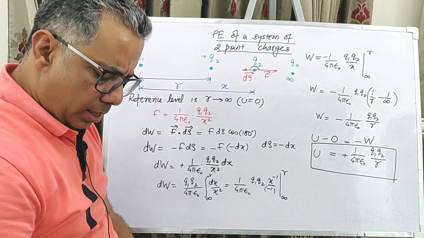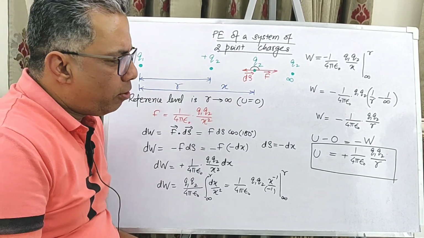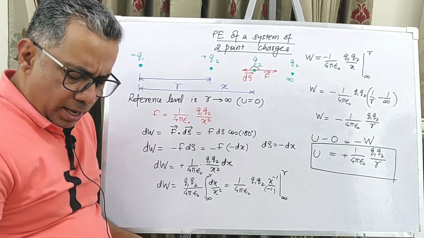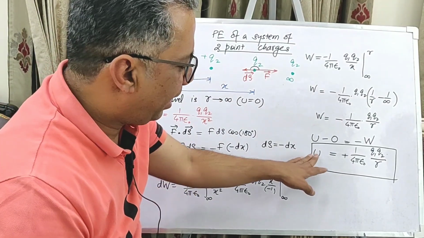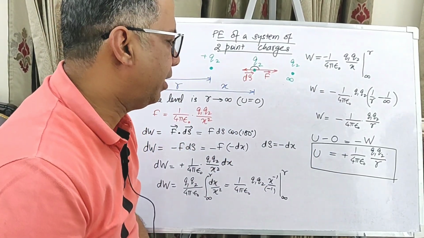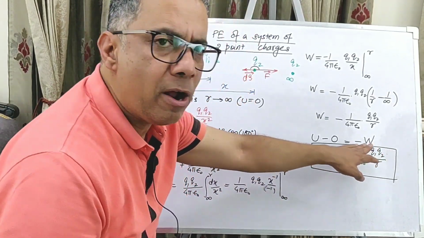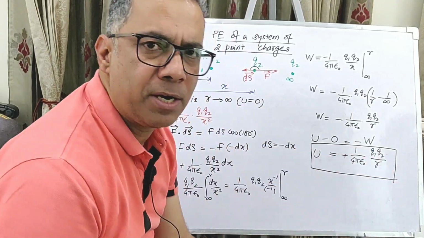Now, this can end up being fairly confusing, especially during an exam scenario, and therefore I have a suggestion for you to make this calculation of potential energy. What you need to do is just substitute both charges with their proper signs in this expression.